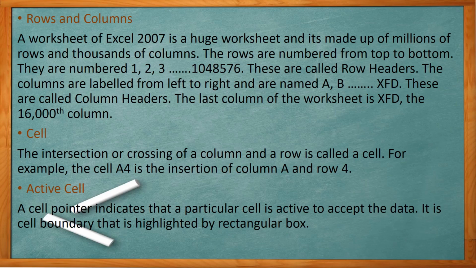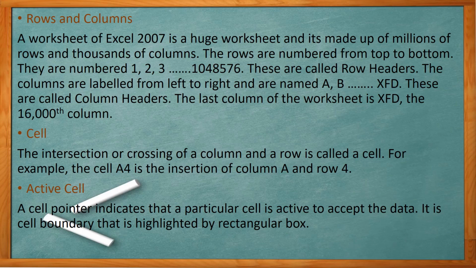Cell. The intersection of a column and a row is called a cell. For example, the cell A4 is the intersection of column A and row 4. Active cell. A cell pointer indicates that a particular cell is active to accept the data.